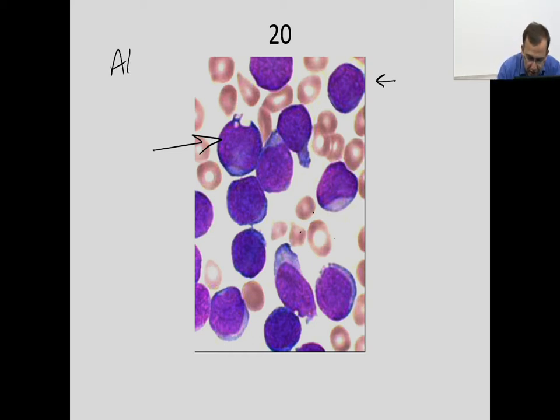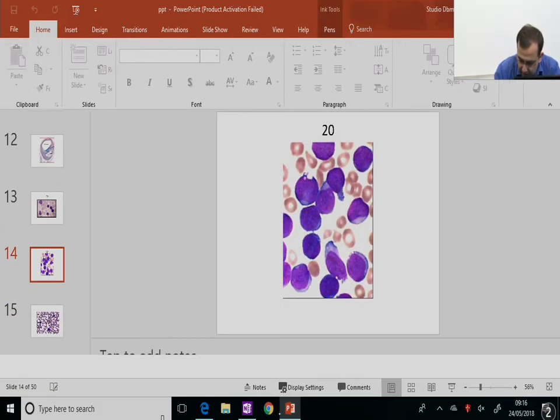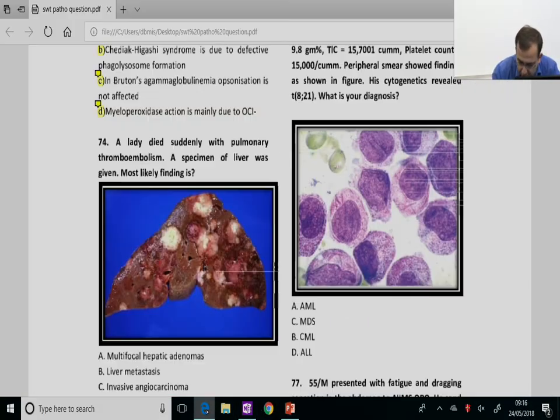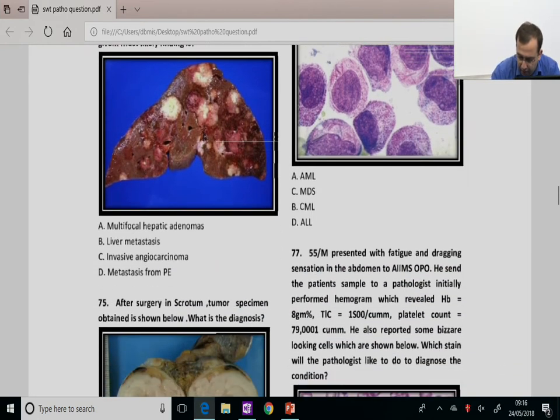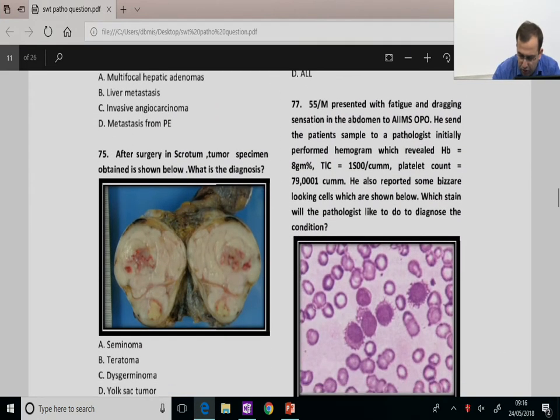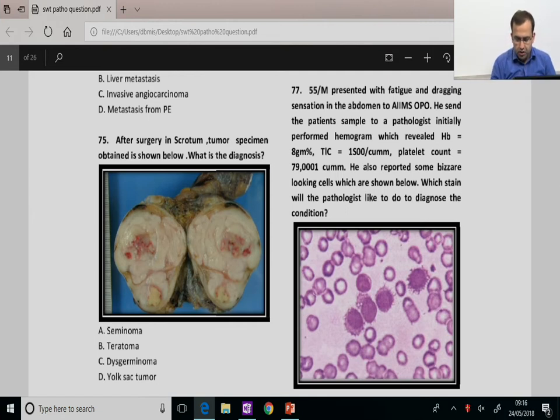So these are lymphoblasts seen in ALL, acute lymphoblastic leukemia, versus myeloblasts in AML. This gets us to the next question, that is question 77.